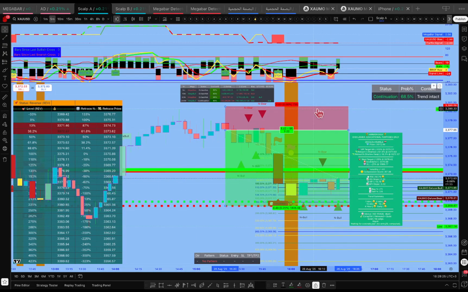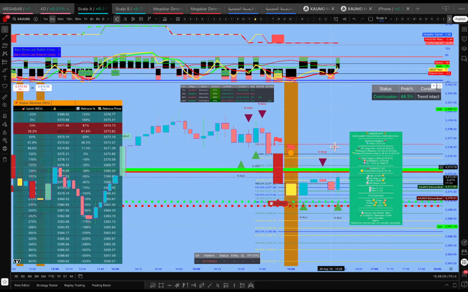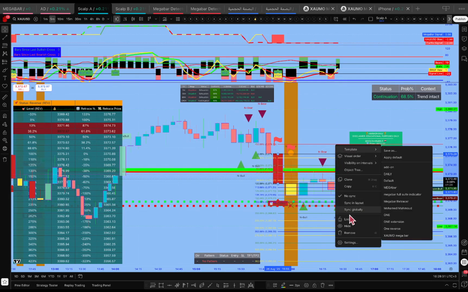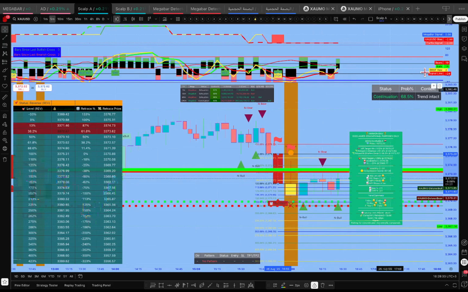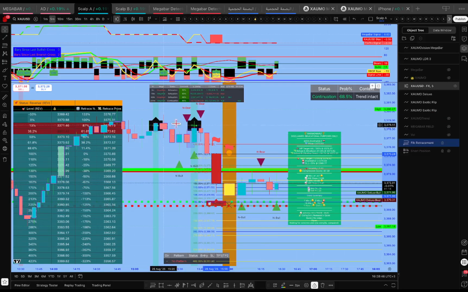Let's lock this and let's keep it. So now I will add another indicator, which is the XAUMO exotic flip. This XAUMO exotic flip is an indicator that I have developed that tells me where to flip, where we'll have a flip.